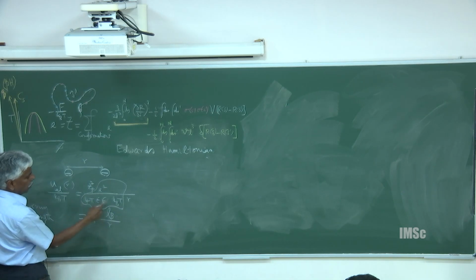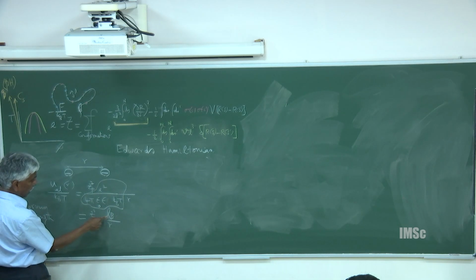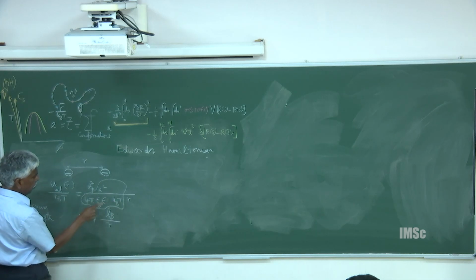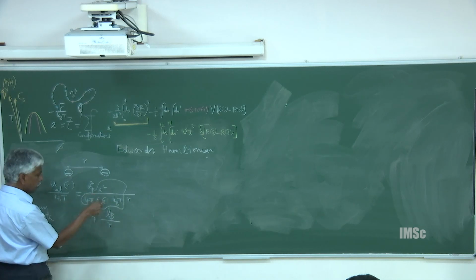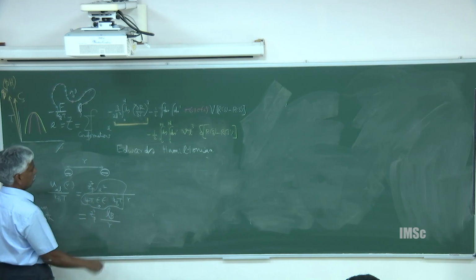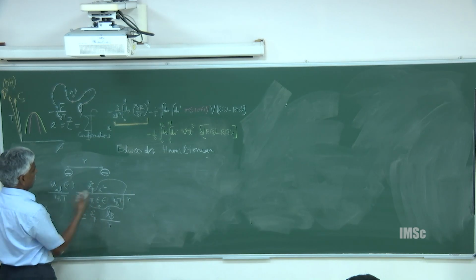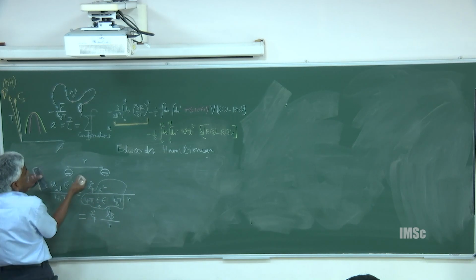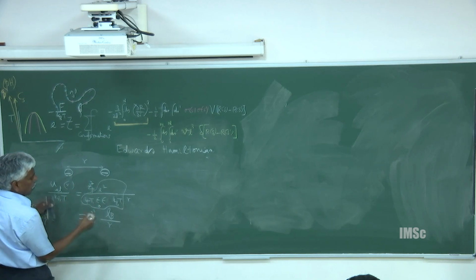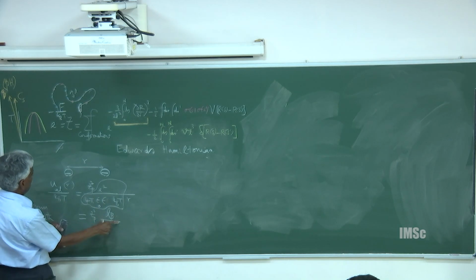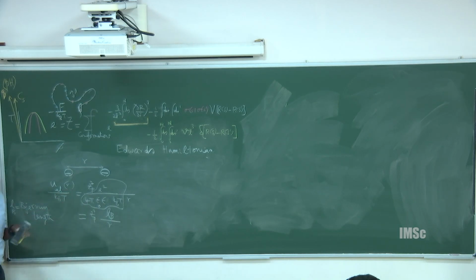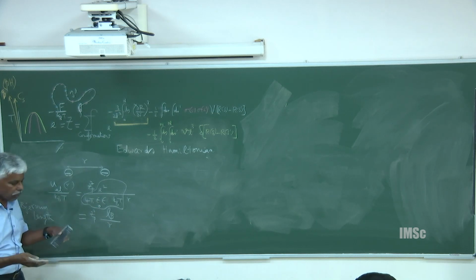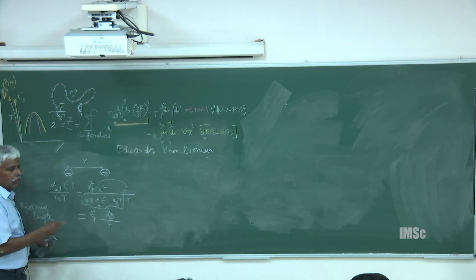That length depends on temperature and on epsilon, which also depends on temperature. But the meaning of this is: if the distance between two ions is comparable to the Bjerrum length, this little r is comparable to the Bjerrum length, then the electrostatic energy is thermal energy kT. That is the meaning of the Bjerrum length. It is a length scale where, when two charges are brought to that length scale, the energy is thermal energy.